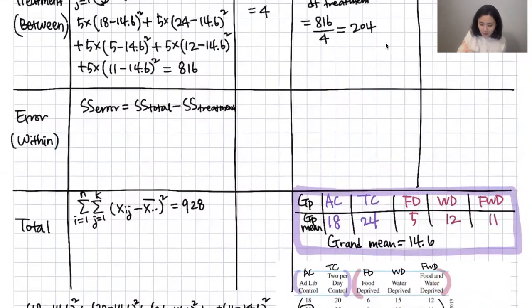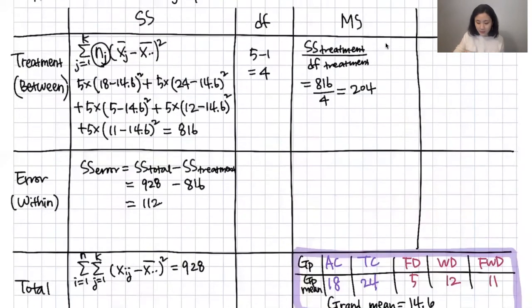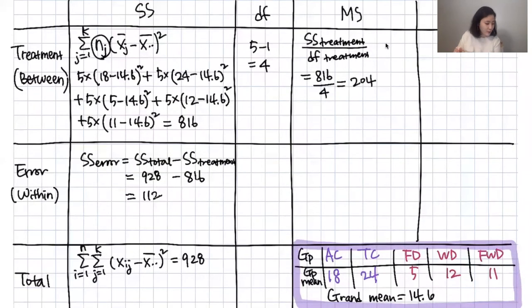So sum of squares error is 928 minus 816, which is 112. And my degrees of freedom within groups is k(n minus 1). We have 5 groups and 5 subjects in each group, so 5 times 4 is 20.